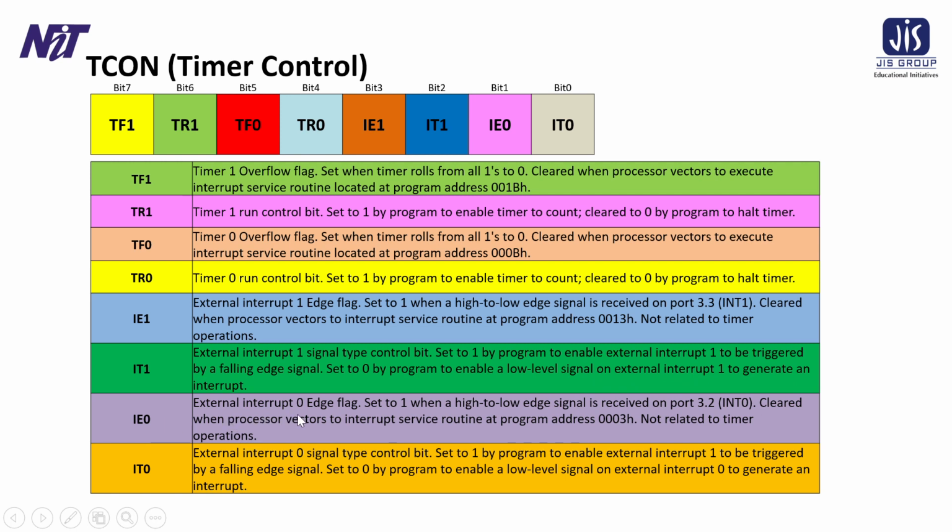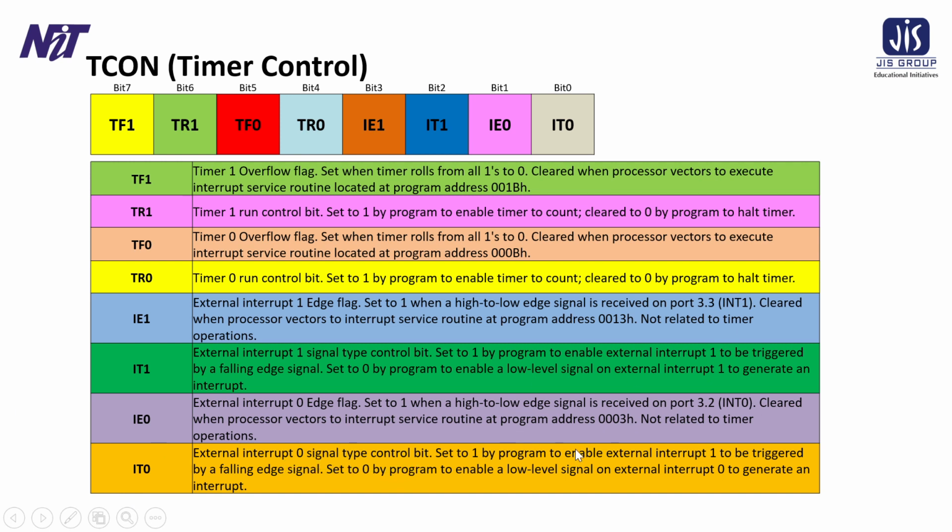IE0, external interrupt 0 edge flag. Set to 1 when a high to low edge signal is received at port 3.2, INT0, and cleared when the processor vectors to the interrupt service routine at address 0003H. IT0, external interrupt 0 signal type control bit.